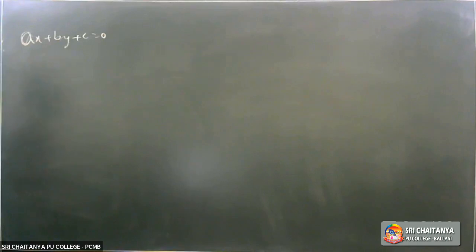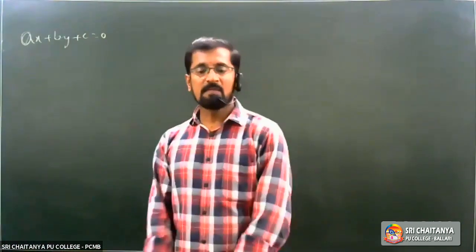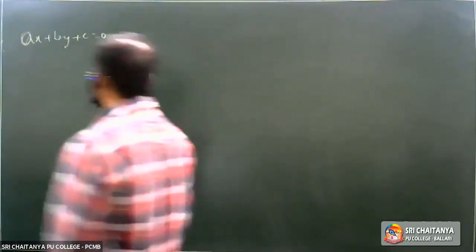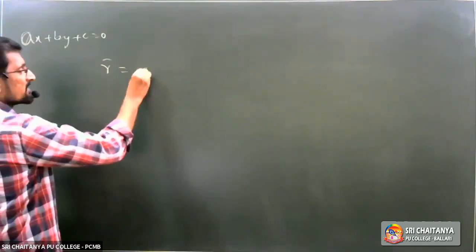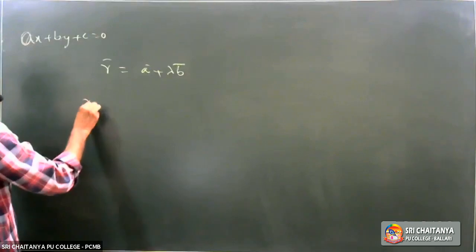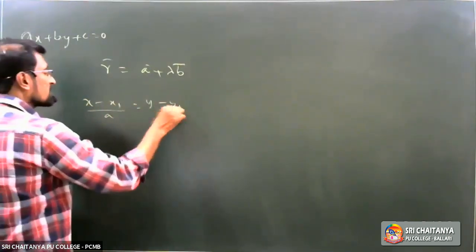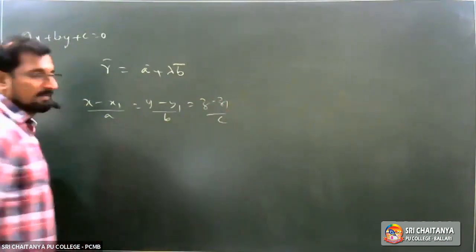The line equation will be like this, okay? But in three-dimensional geometry, the vector equation of a line will be in the form r bar = a bar + lambda b bar. And its Cartesian form will be (x - x1)/a = (y - y1)/b = (z - z1)/c.